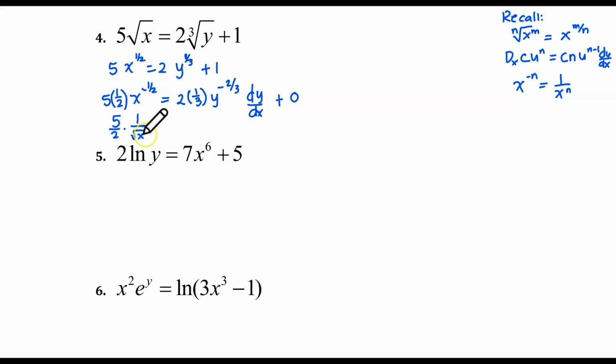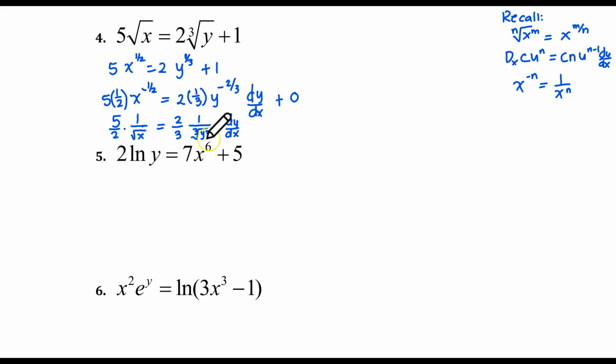To make it positive, you put it in the denominator. So essentially, you have x to the 1/2, but x to the 1/2 is equal to square root of x using this formula here. It's equal to 2/3, so 2 times 1/3 is 2/3. And then this y to the negative 2/3 becomes 1 over y to the 2/3, and that is cube root of y squared times dy dx.